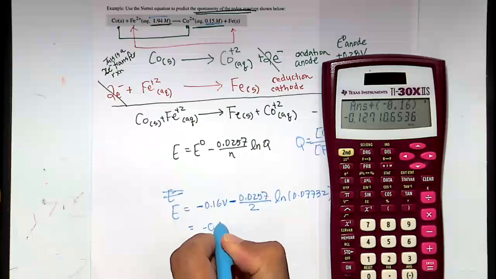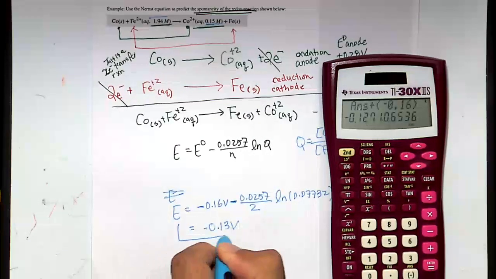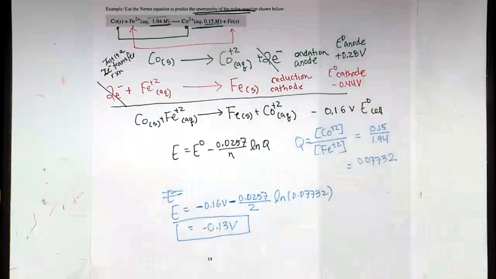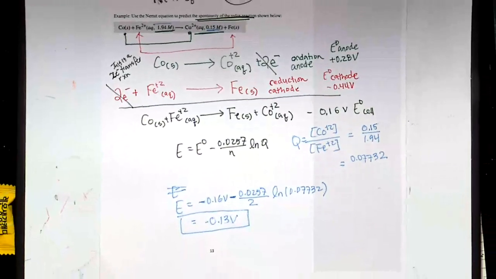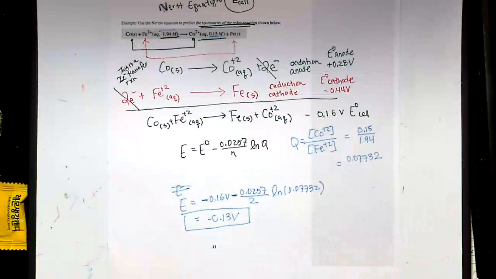I'm getting minus 0.13 volts, and this should be our answer, under these conditions of 1.94 big M and 0.15 big M. So this is how you'll do this problem. Nernst equation.